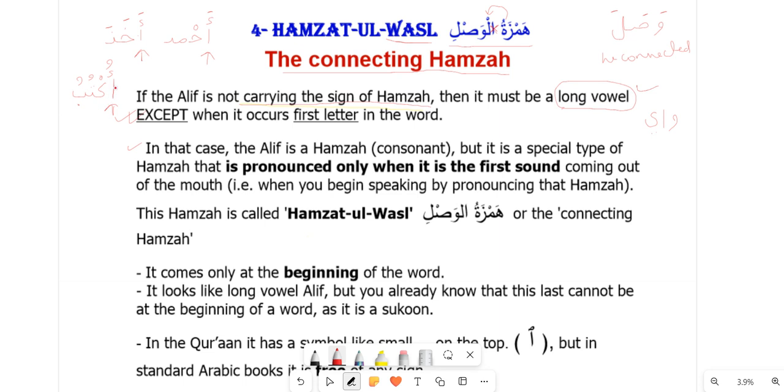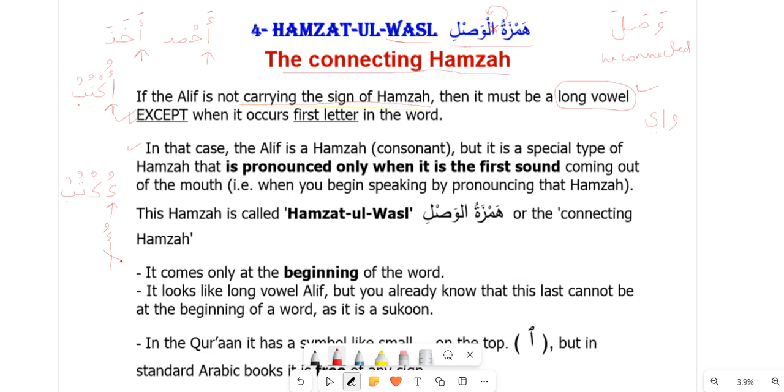Now, when hamza is coming as a letter, you cannot see hamza as dhamma and then kaf with sukoon and ta and ba. Hamza cannot come as an isolated letter like this at the beginning, but it takes the seat of alif and then it comes with dhamma.